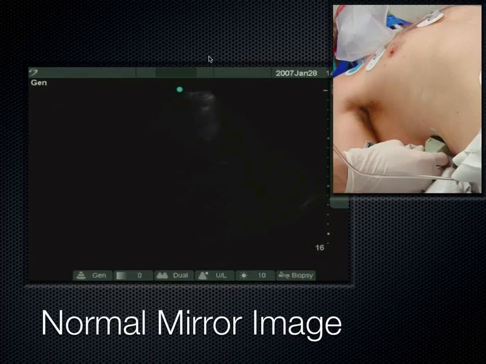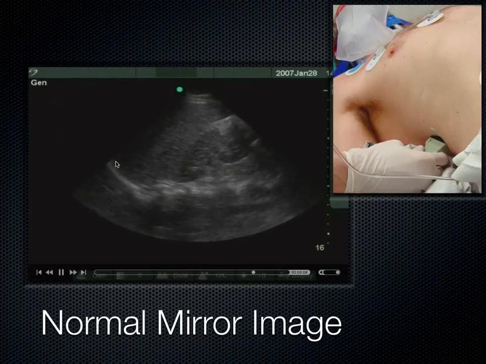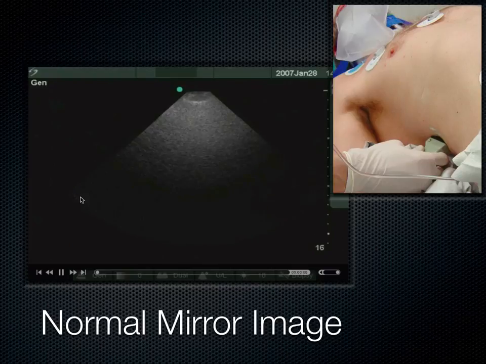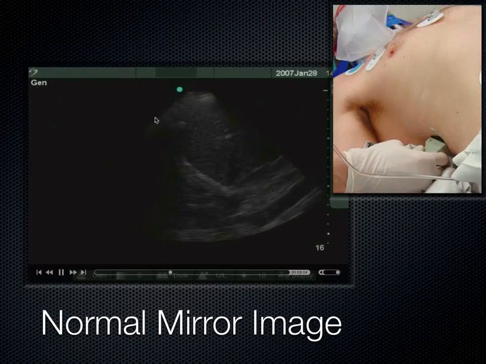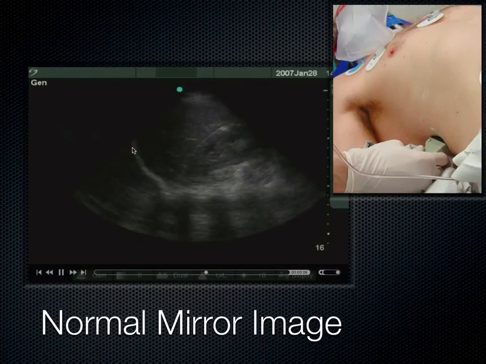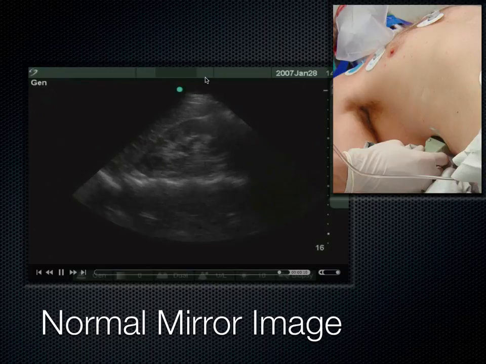What happens is ultrasound waves come and hit the diaphragm, and they cannot go through the diaphragm if there's air on the other side. They cannot be transmitted. So those waves will basically skate along the diaphragm and come back up to the probe in a delayed fashion.